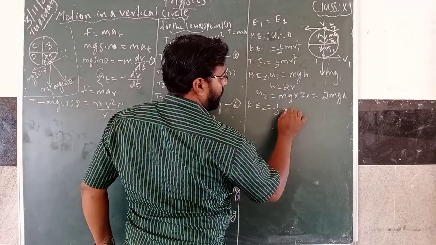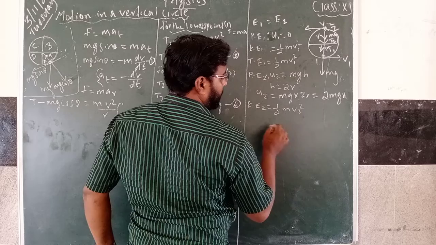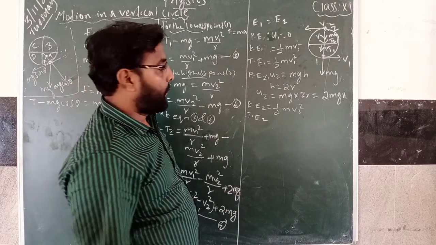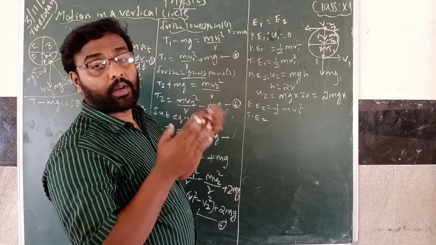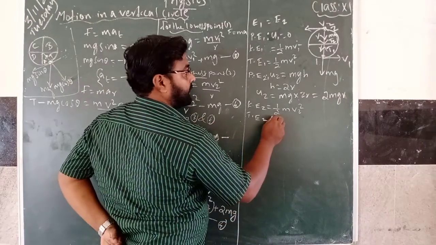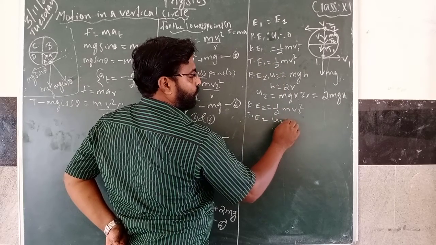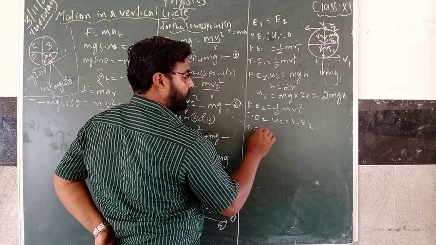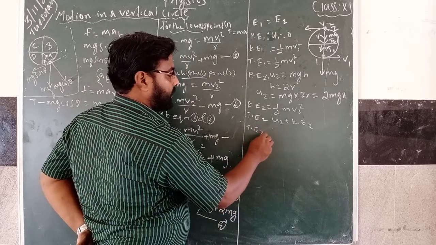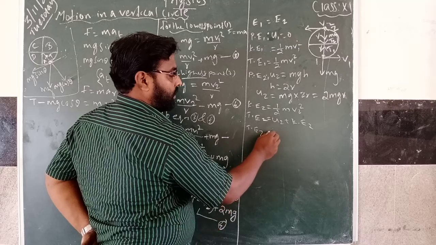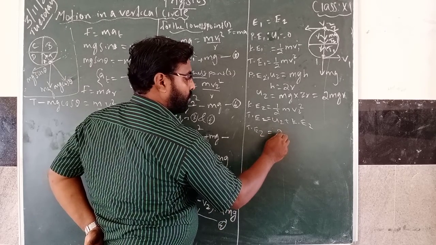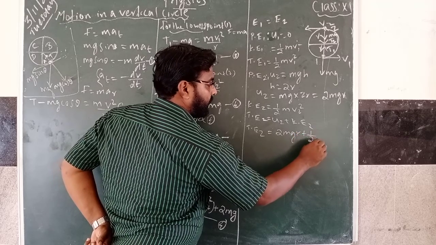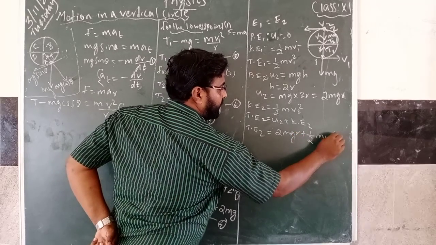Now kinetic energy at position 2 is equal to half mv2 square. Now total energy at position 2: you can add potential energy plus kinetic energy. The same here, U2 plus kinetic energy at position 2. So total energy at position 2 equal to 2mgr plus half mv2 square.